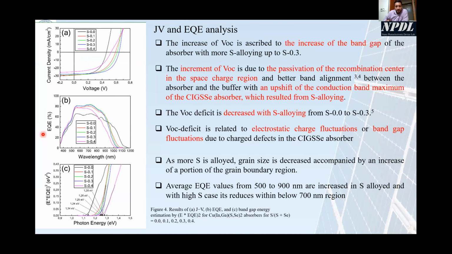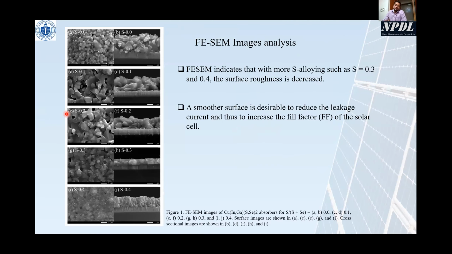Okay. So actually, before discussing the lattice parameter aspects, we first need to observe the field emission scanning electron microscopy image. We use this approach to observe the surface of our absorber film.